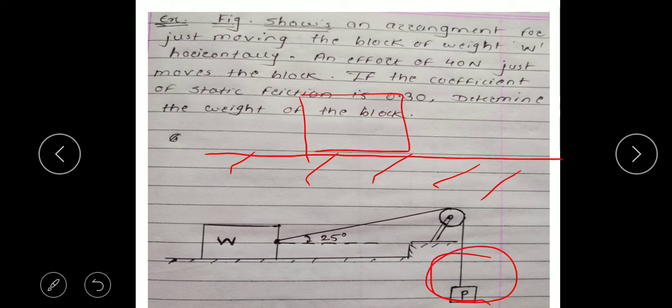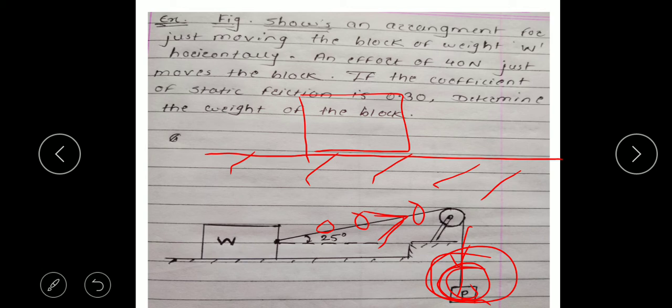That P is showing the tension or the pull in this thread. Throughout the thread it is showing the same value. Means if the 40 value is acting at this portion on the rope, then the same value will be here, because the rope is the same.